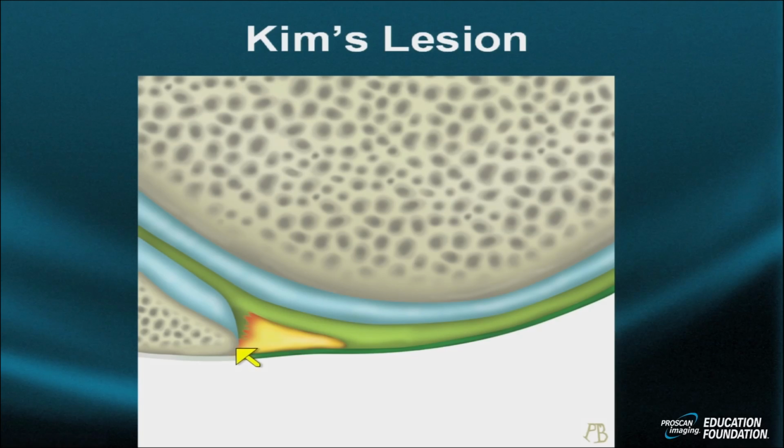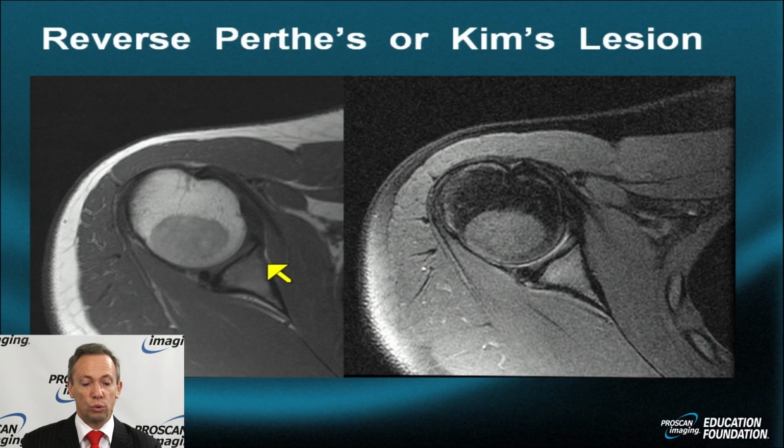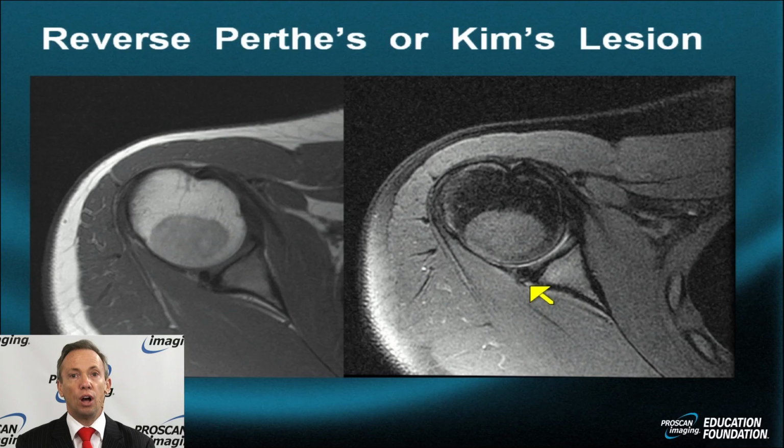Here's an example of a reverse Perthes or Kim's lesion, perhaps not as well depicted on the T1 weighted image, except for the clear appearance of the medullary bone and cortical bone, which is intact. But on the water weighted image, one sees a small pouch of high signal intensity tissue, which represents accumulation of synovium and thickened inflammatory tissue between the labrum and the underlying bone.